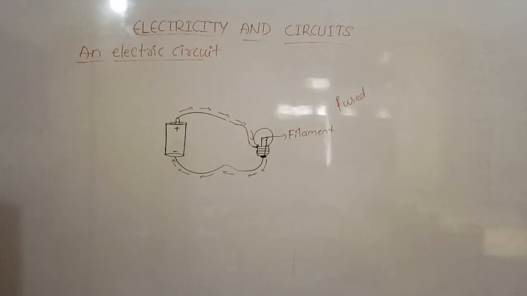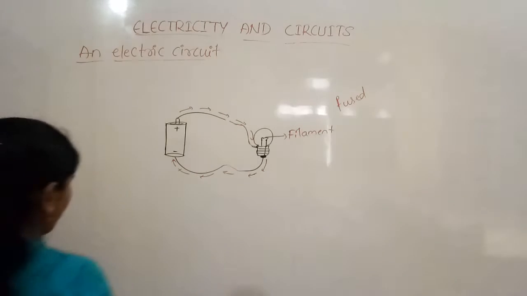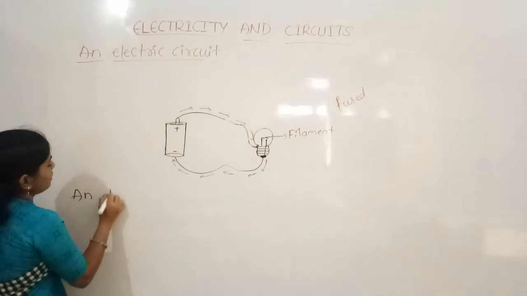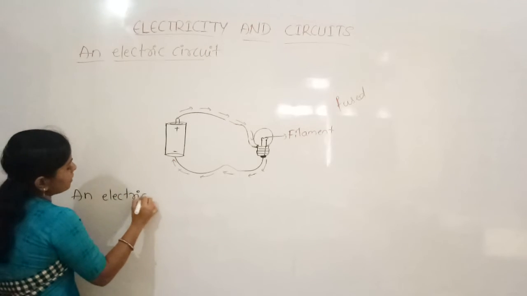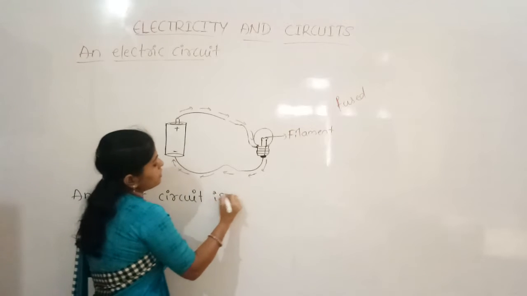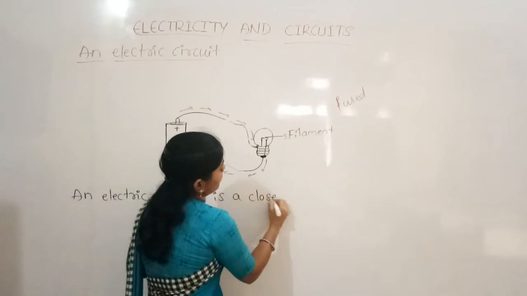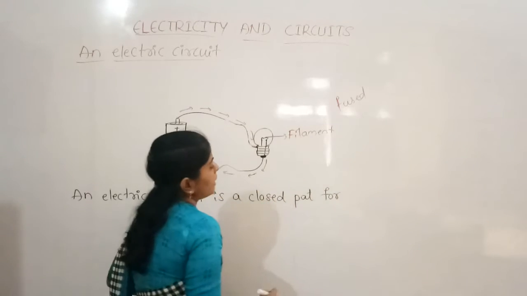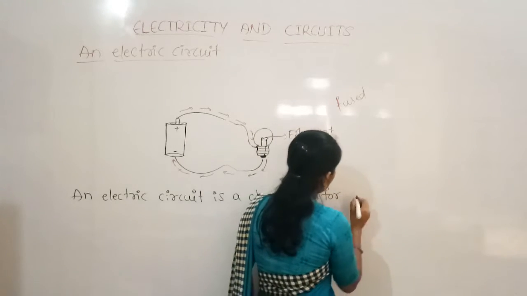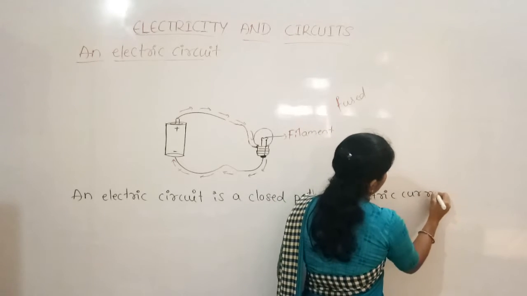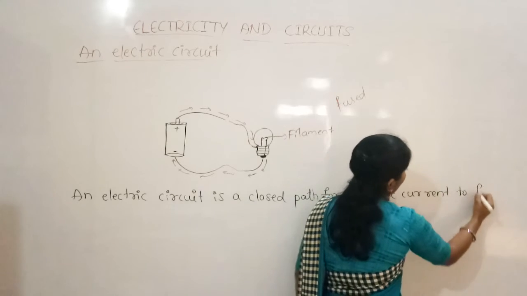An electric circuit is a closed path for electric current to flow. So we can define an electric circuit as a closed path for electric current to flow.